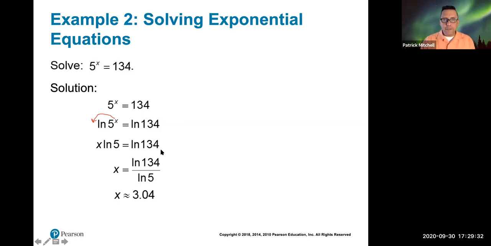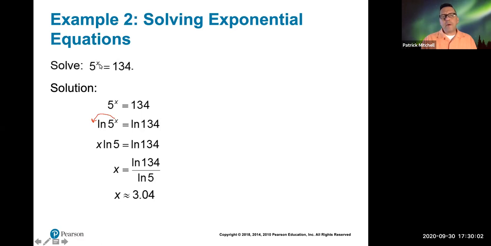Now remember, natural log 5 is a perfectly good real number, which means you can divide both sides of your equation by natural log 5. And when you do that, you get x equals natural log 134 over natural log 5, which to 2 decimal places is approximately 3.04.